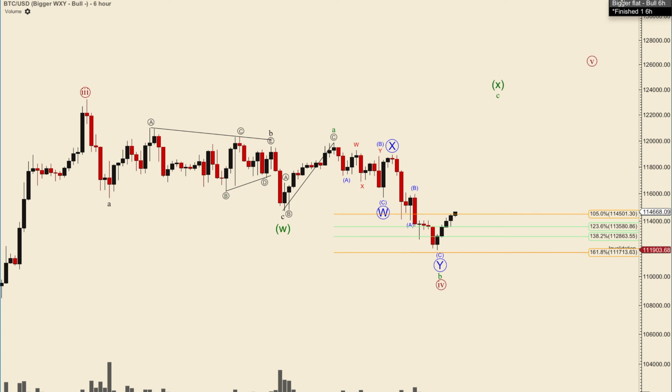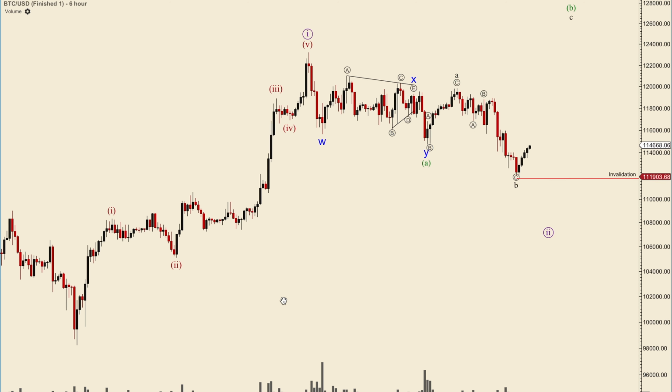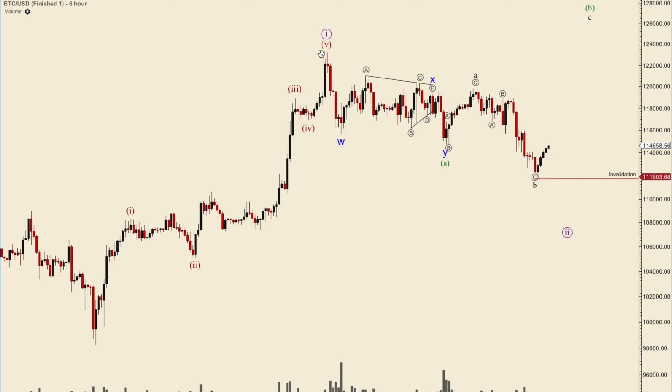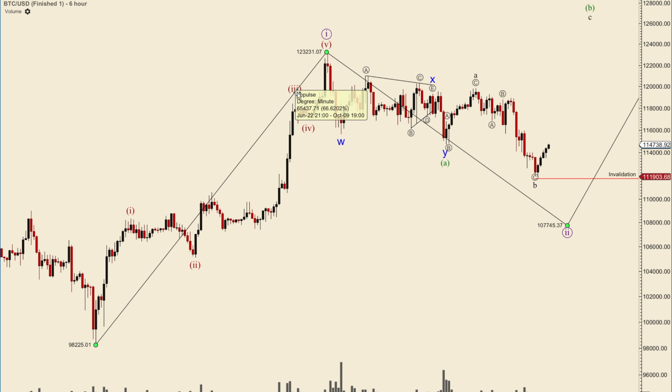Then we need to move on to count it like this. So this is our finished impulse, and here you can see that we're counting 1, 2, 3, 4, and 5 for a finished impulse.